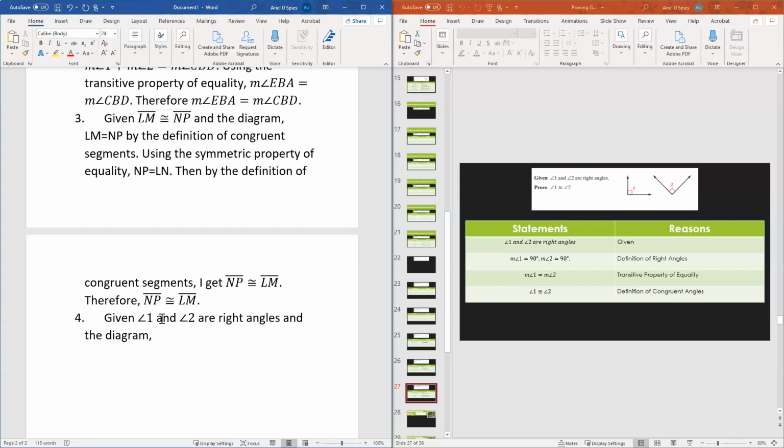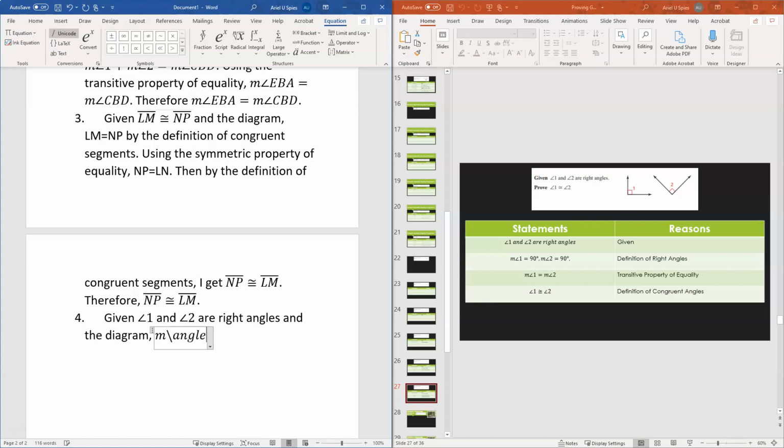I can say that the measure of angle 1 equals 90, and then I believe the degree symbol is in here too. It's not. So to get the degree symbol, I go backslash and I type the word degree and it appears.